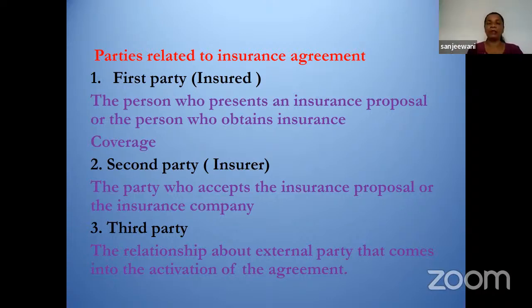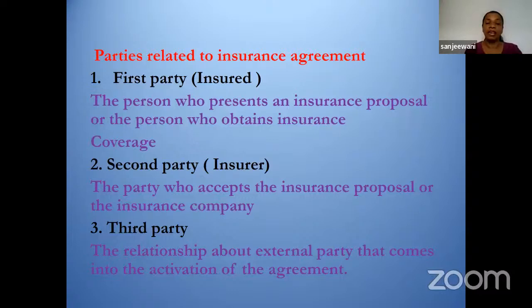If I'm the first party, I'm the one who is proposing, presenting the insurance proposal. The second party is the insurer, the party who accepts the insurance proposal. I give my proposal, you accept, so you are the insurer. Basically it's the insurance company or institute.